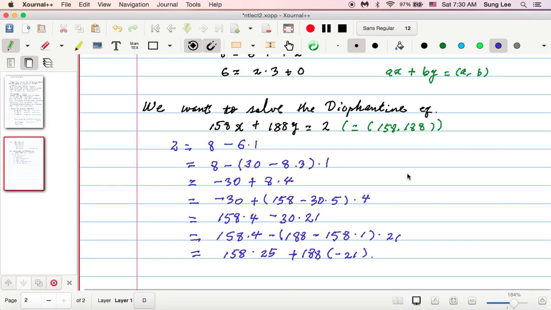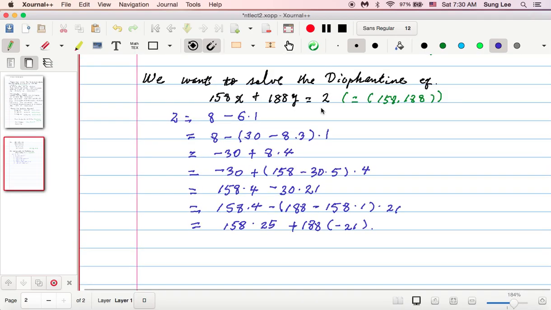Okay, so now you see that we actually solved this equation. We found a solution.